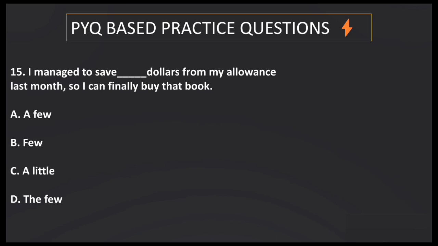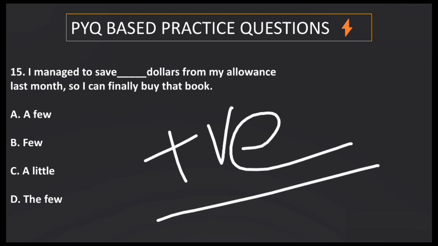And that's why when it gives a small amount of money, one kind of positive sense, we should definitely choose a few as the correct option, because a few deals with a small amount of things, but it deals with sufficiency, optimism, one kind of positive tone, and the remaining options are incorrect. So here a few is the correct option. So finally we complete our 15 important questions based on PYQ.